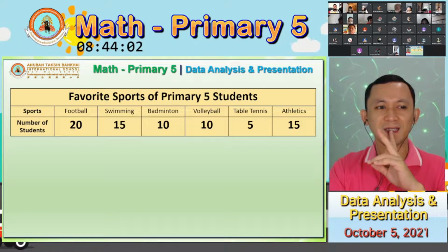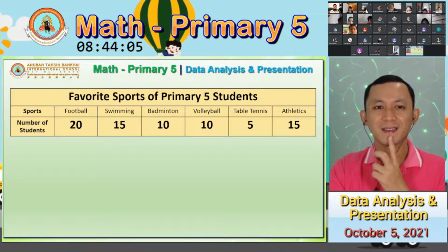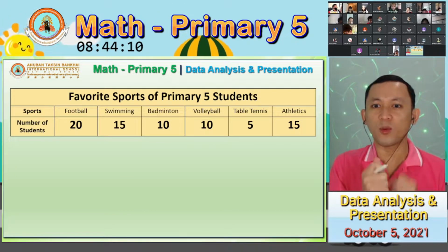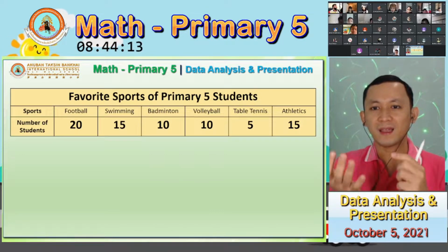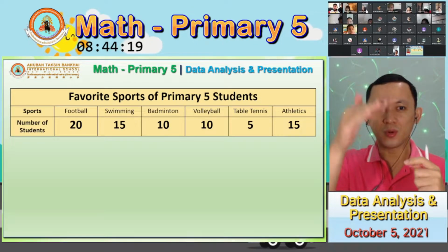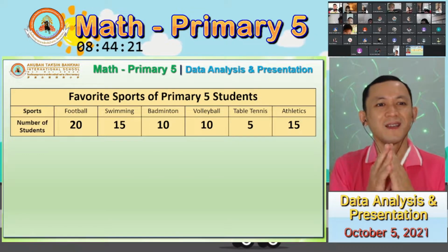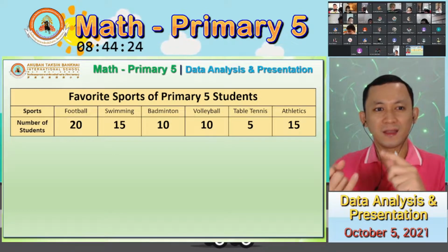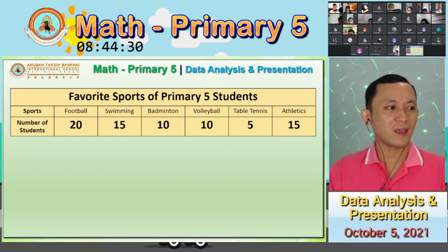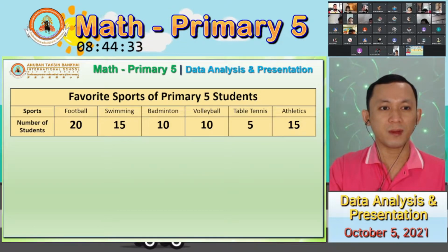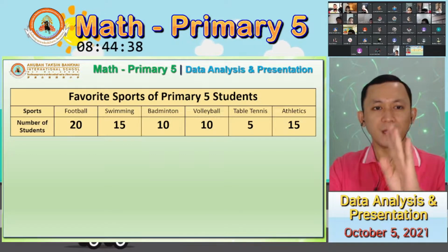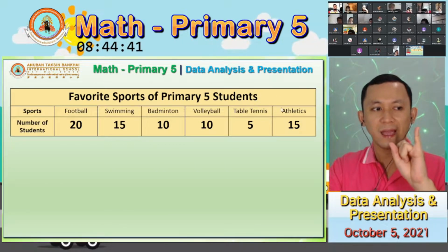What is this fourth one? Athletics. Athletics includes running, high jump, long jump, javelin throw, and races like 100 meters, 200 meters, 400 meters. So again, these are the favorite sports of primary 5: football, swimming, badminton, volleyball, table tennis and athletics.